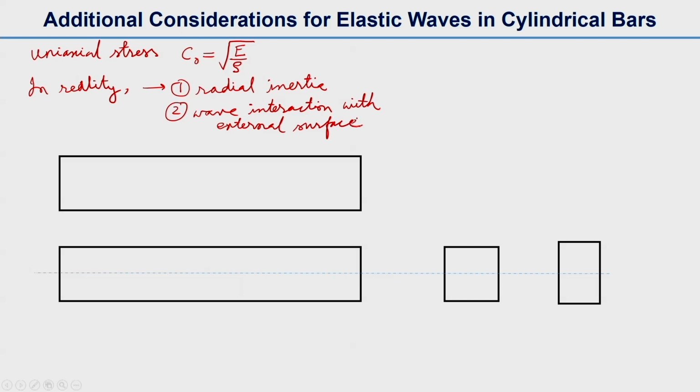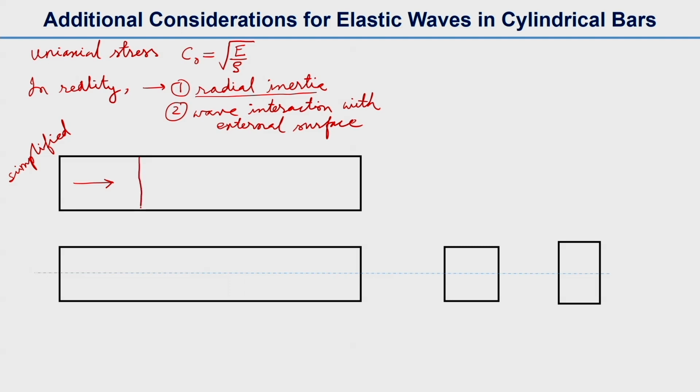So let us first check what radial inertia is. In the simplified or idealized case, suppose in this cylindrical bar there is a longitudinal stress wave.